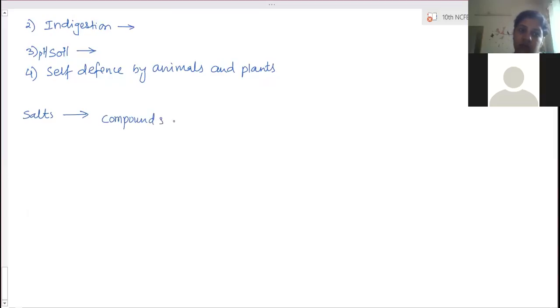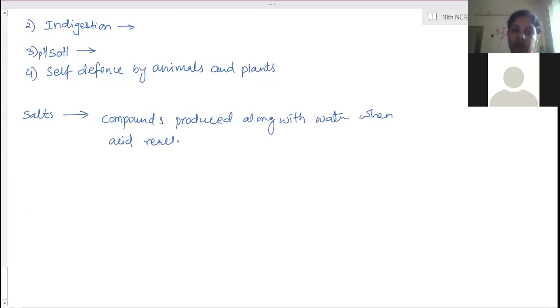So compounds produced along with water when acid reacts with base. Such substances are called salts.